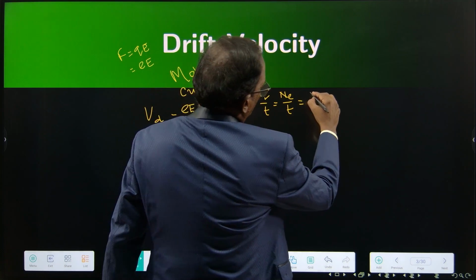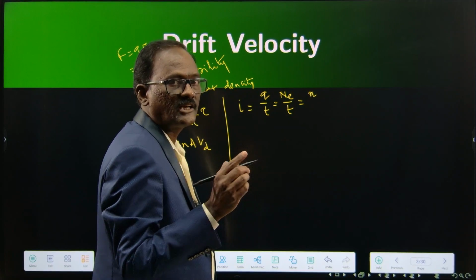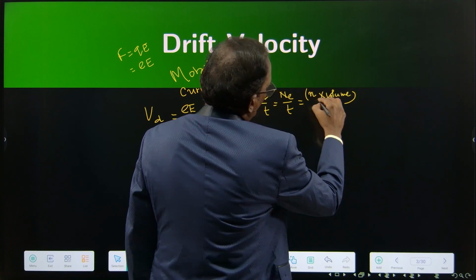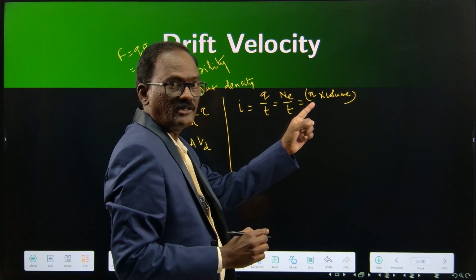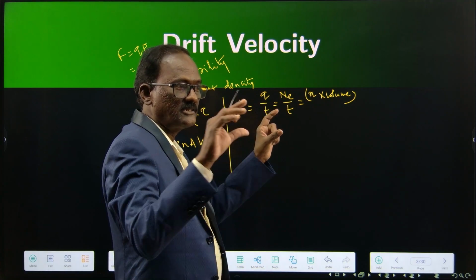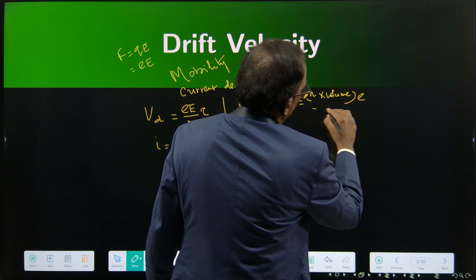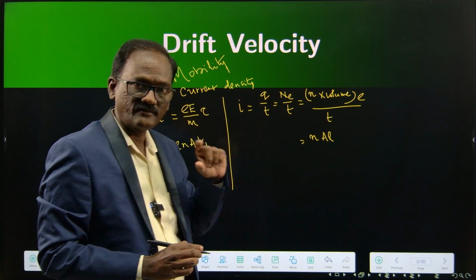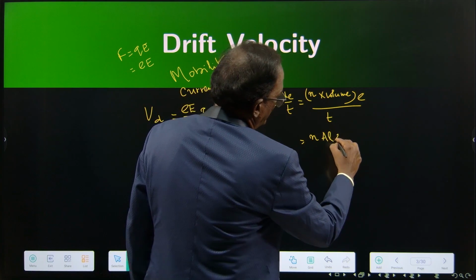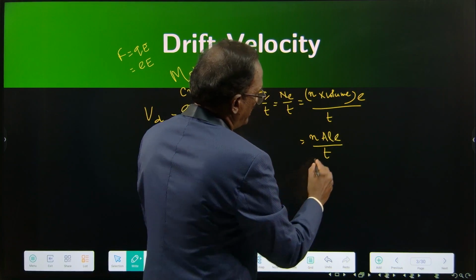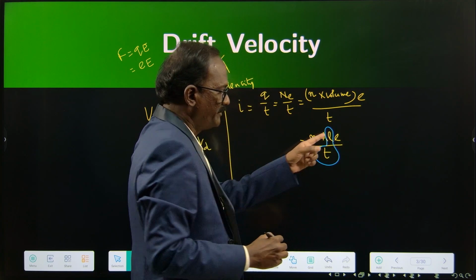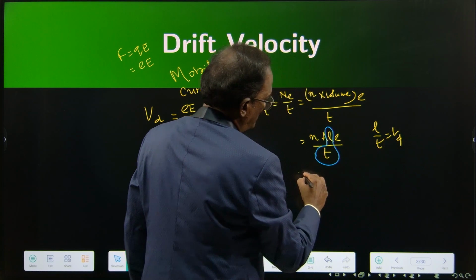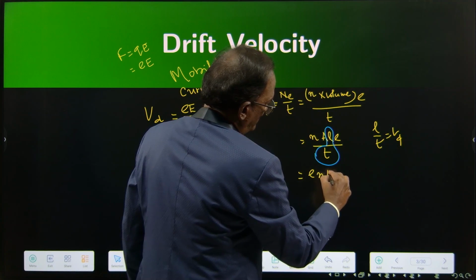If I use the small letter n, this is the free electron density, n into volume. Free electron density into volume gives you the capital N, the total number of electrons in the entire conductor, into e by T. For volume, we write the area of cross section of the conductor and the length of the conductor, then e by T. This L by T, meter per second, is nothing but Vd. L by T is Vd. Then this is ENA Vd.